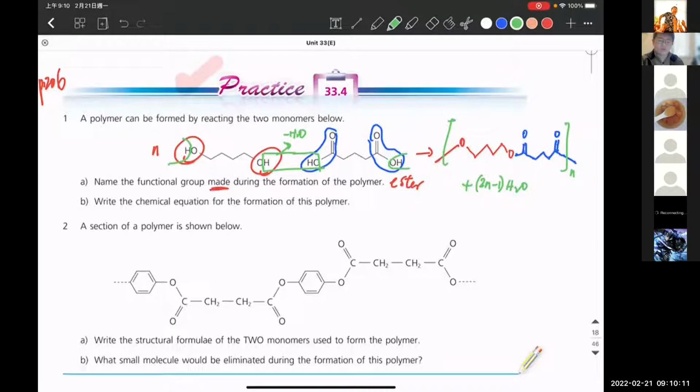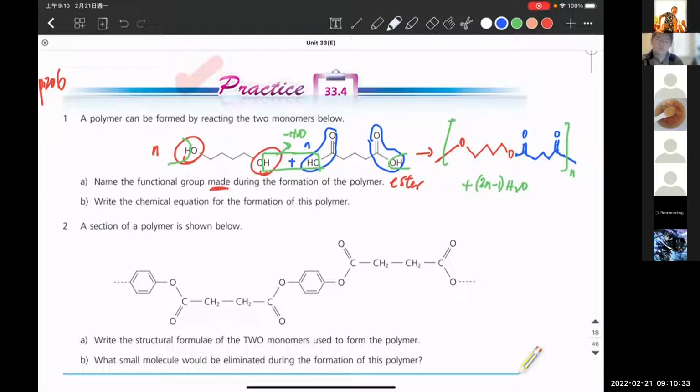Because for each monomer we've got n molecules. So I missed out this one, n, and then the middle part. n hydroxy groups. We've got n carboxyl groups, a dicarboxyl group compound. So altogether we've got 2n minus 1 H2O.